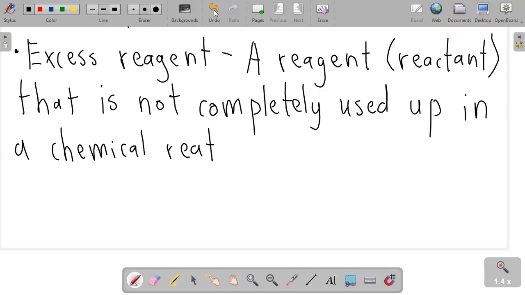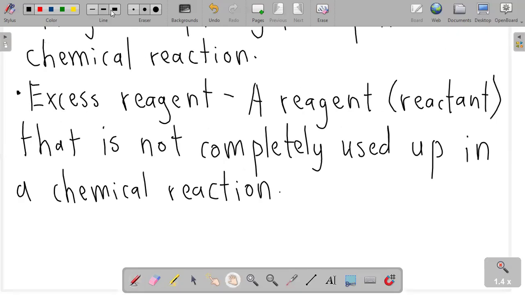So what that means is that after a reaction, the excess reagent is the one that is left over. You can think about it as a leftover, for simplicity. So it is left over after the reaction is complete.